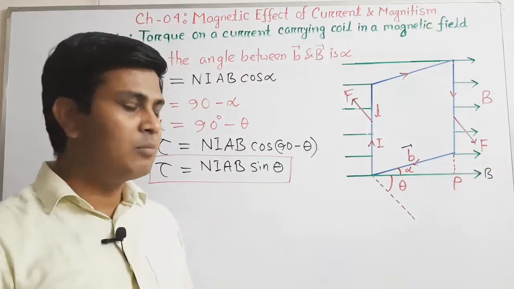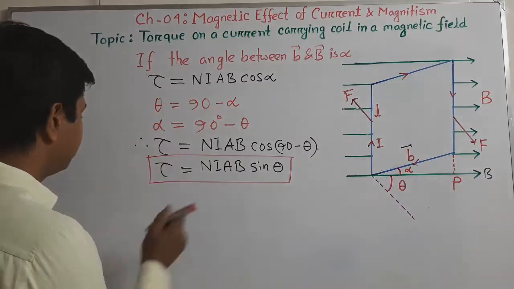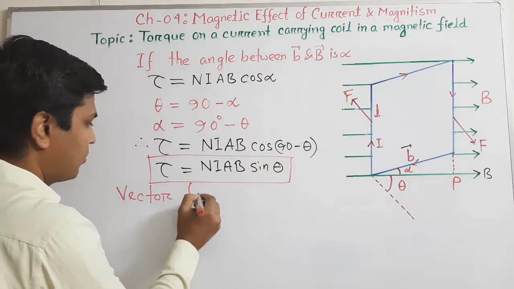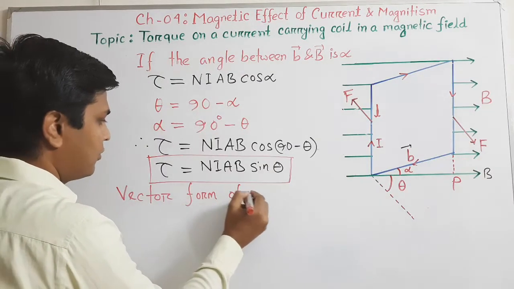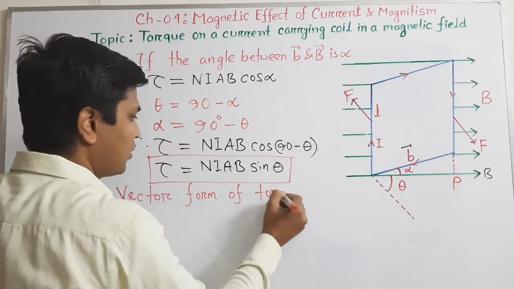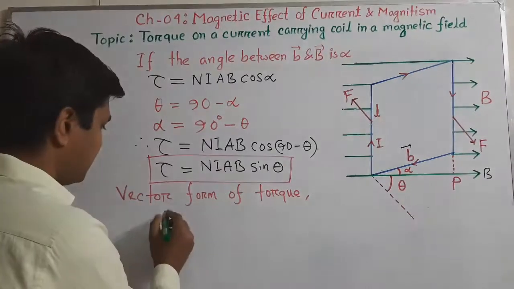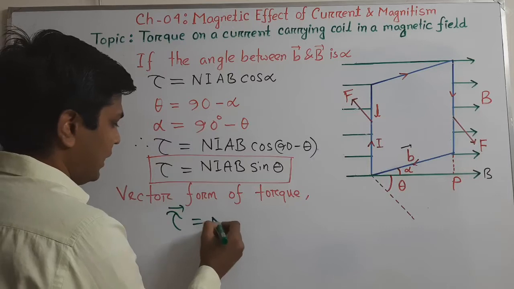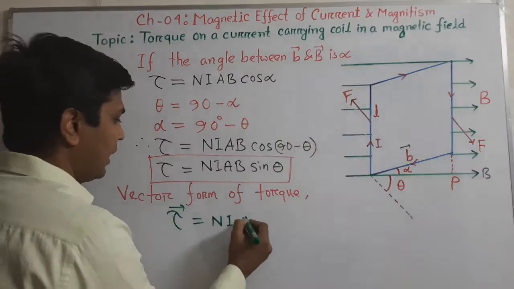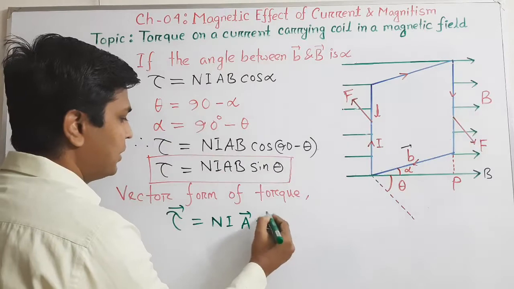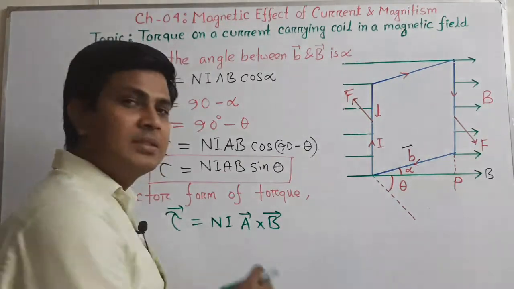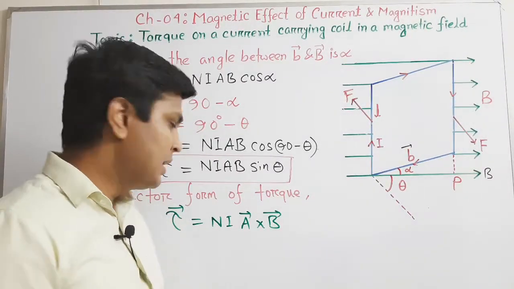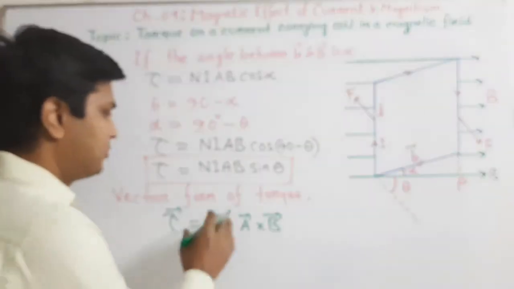Now the vector form of the torque will be tau vector equals N I A cross B, where A is the area vector and B is the magnetic field, which is also a vector. This is the vector form of torque.